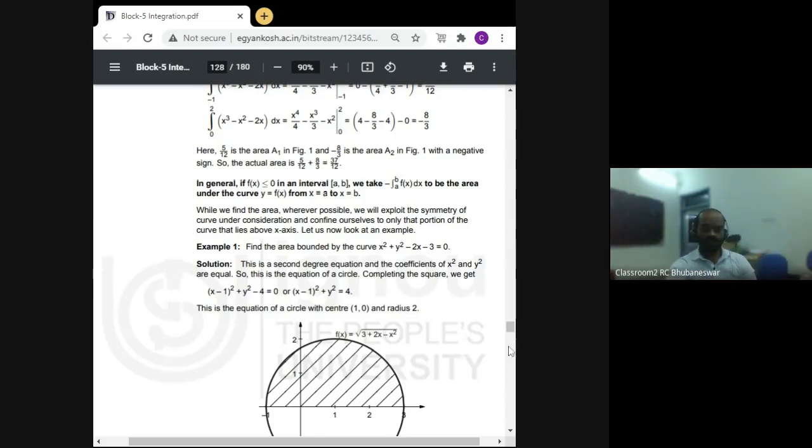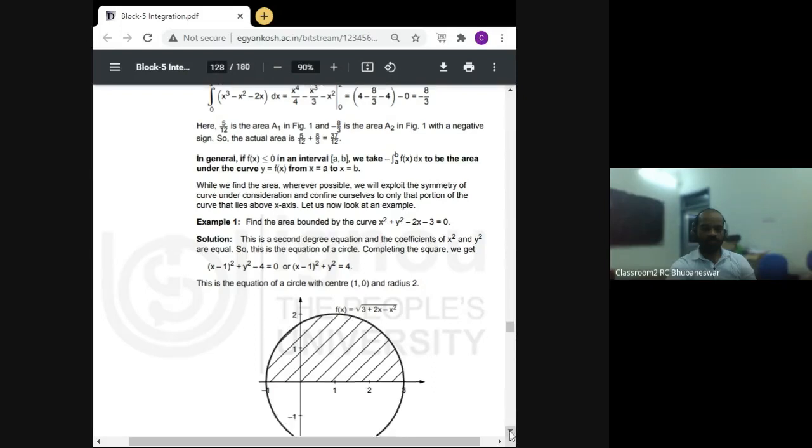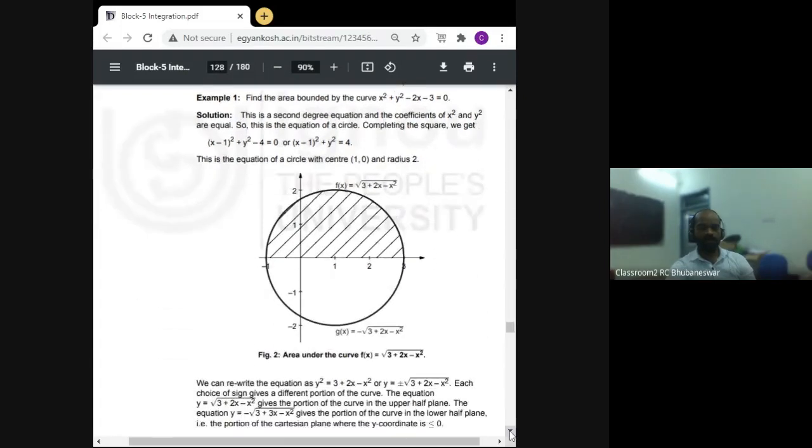Such kinds of examples are also given in example number 1. Here example number 1 is described over a circle, and we are going to calculate the area by integration of the function over the interval -1 to 3. Clearly the result gives us the area under the curve from -1 to 3, and this particular value is the area of the semicircle drawn in figure number 2.